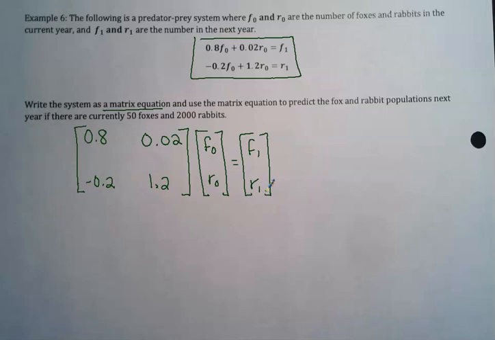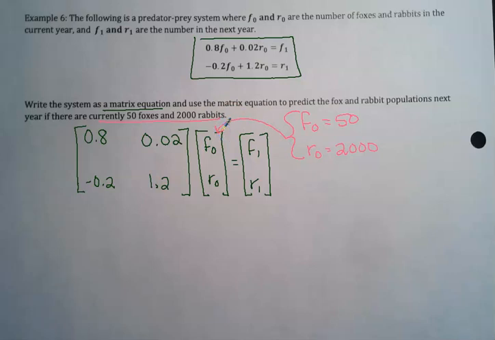If we know there are currently 50 foxes and 2,000 rabbits, that means that F sub 0 is 50 and R sub 0 is 2,000. So we're going to plug those numbers into the matrix where they belong.